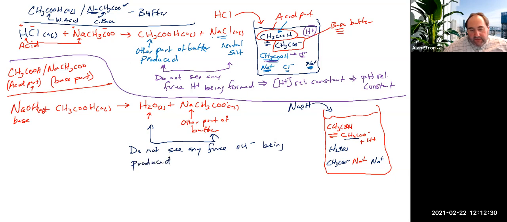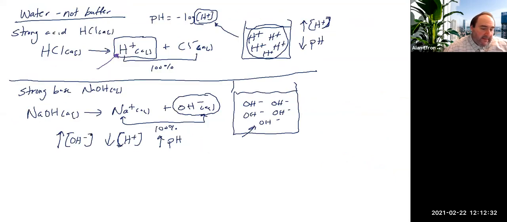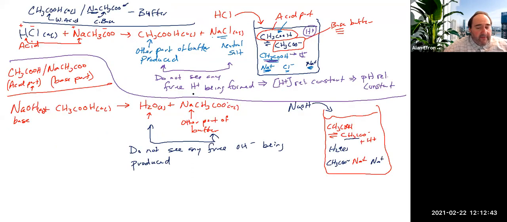To remind you, if we look back at what happened when we added our sodium hydroxide in water, we produced a ton of free OH minus. But here, when it reacts with our buffer, we don't produce any more free OH minus. And the importance of that is that the concentration of OH minus remains relatively constant.